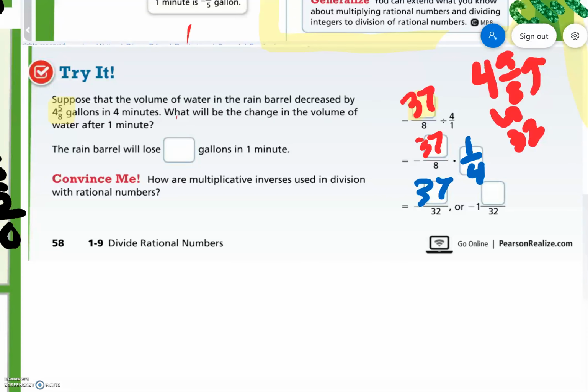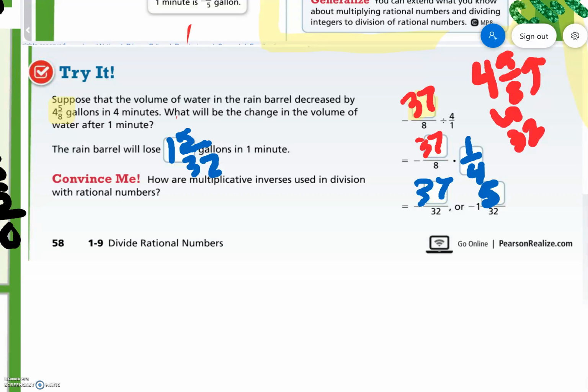But this is an improper fraction, so we're going to change it into a mixed number. We know 32 goes into 37 once, and we're looking to find out how much is left over. So 37 minus 32 gives us 5. So the rain barrel will lose 1 and 5/32 gallons in 1 minute.